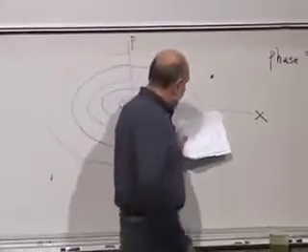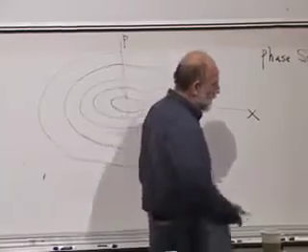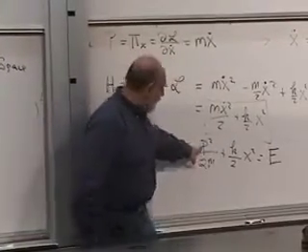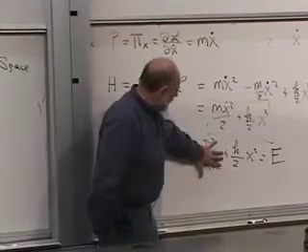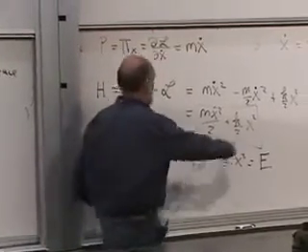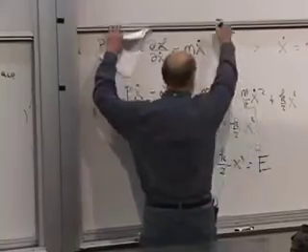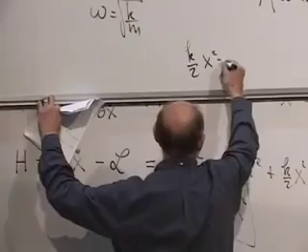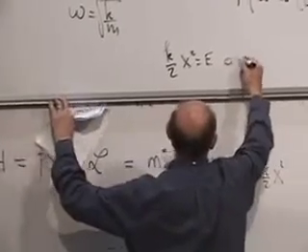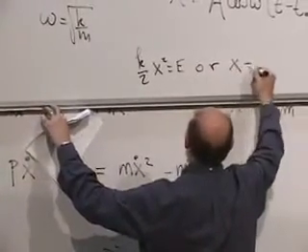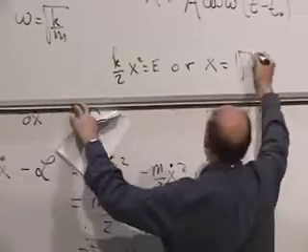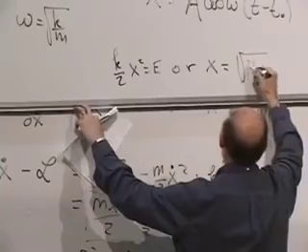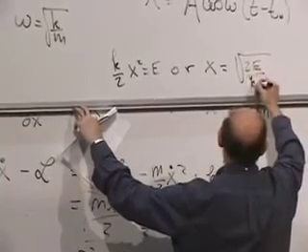Let's find out where it intersects the x-axis and the p-axis. It intersects the x-axis at the point where p is 0. Where p is equal to 0, let's work it out, k over 2 x squared is equal to E, or x is equal to the square root of twice E divided by k, I believe.